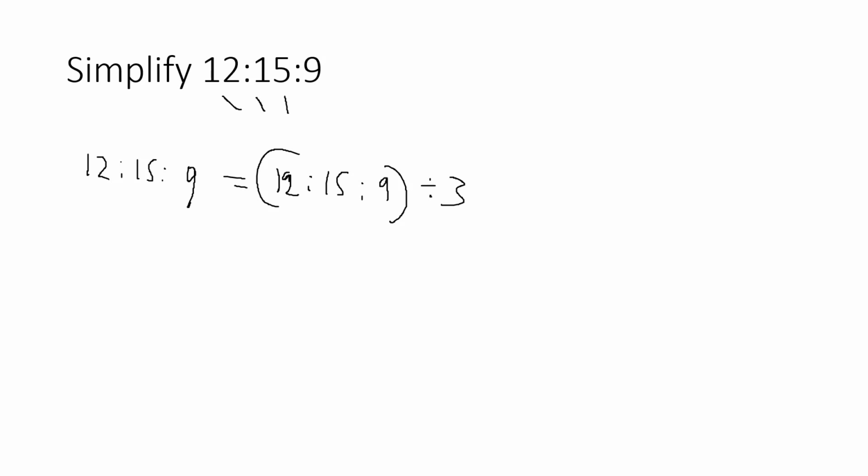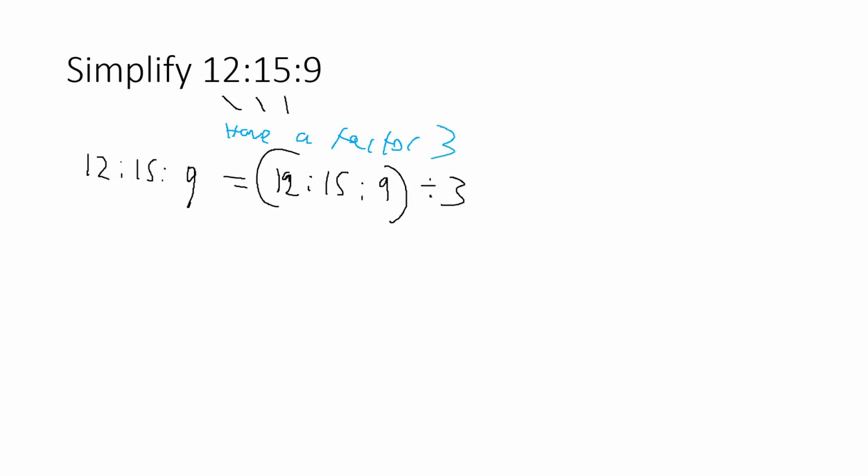So what we can do is take 12, 15, 9 and divide by 3, okay? Because each of these has a factor of 3.